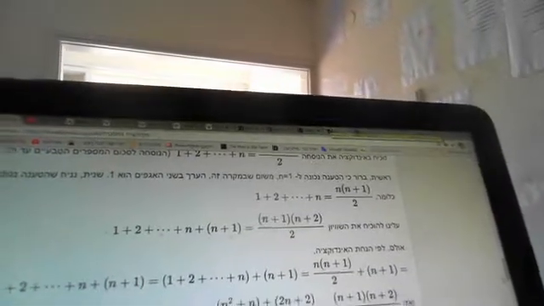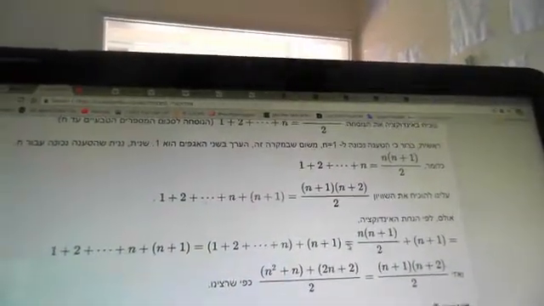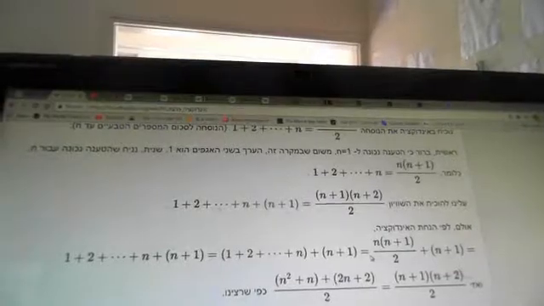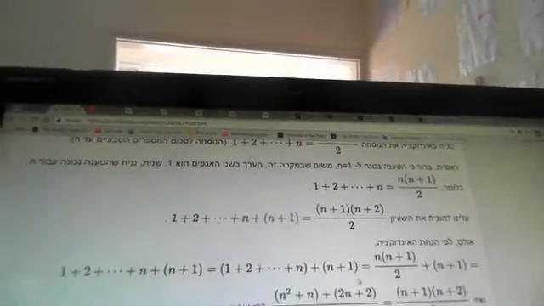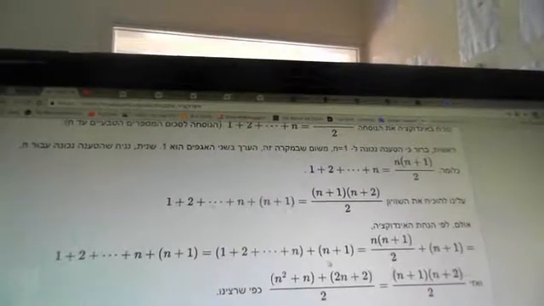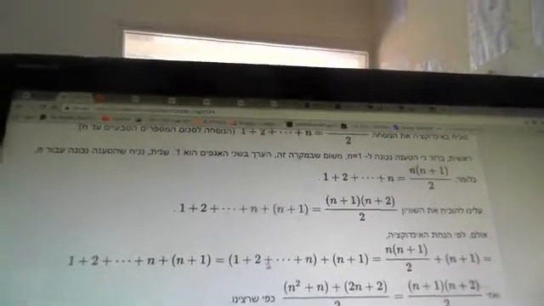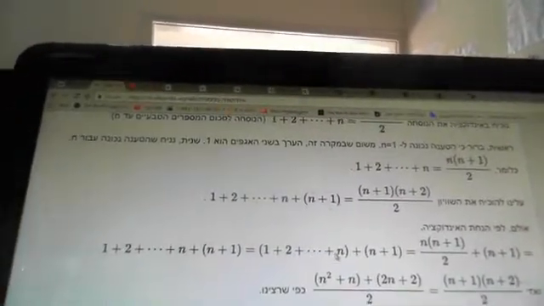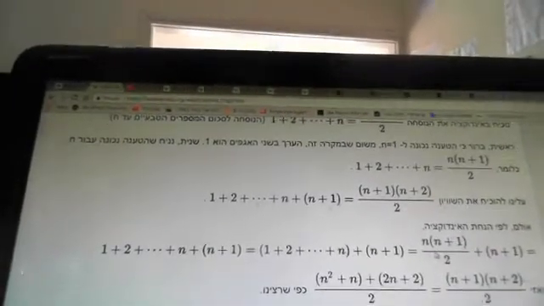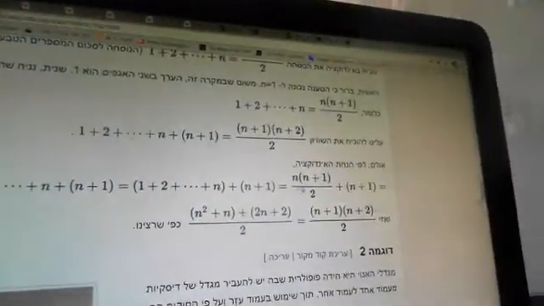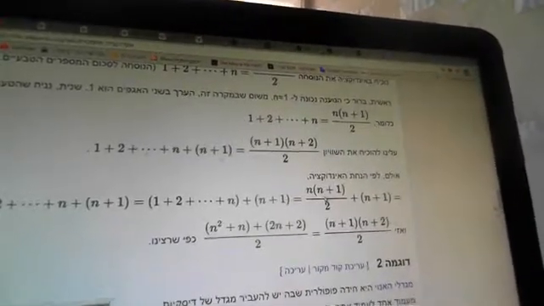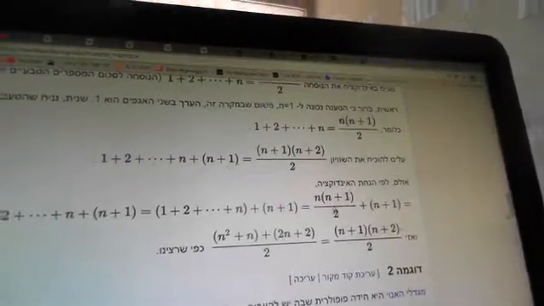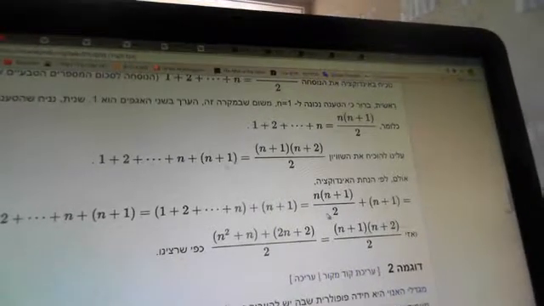It is allowed to do so because the two sides of the equation are equal.